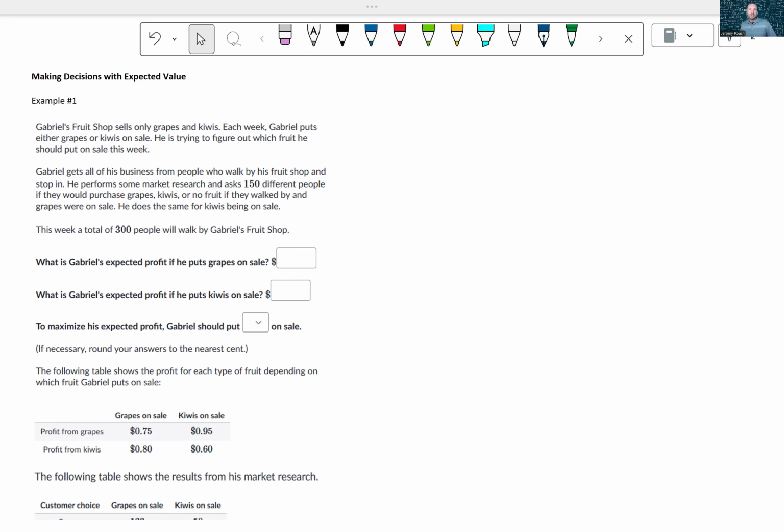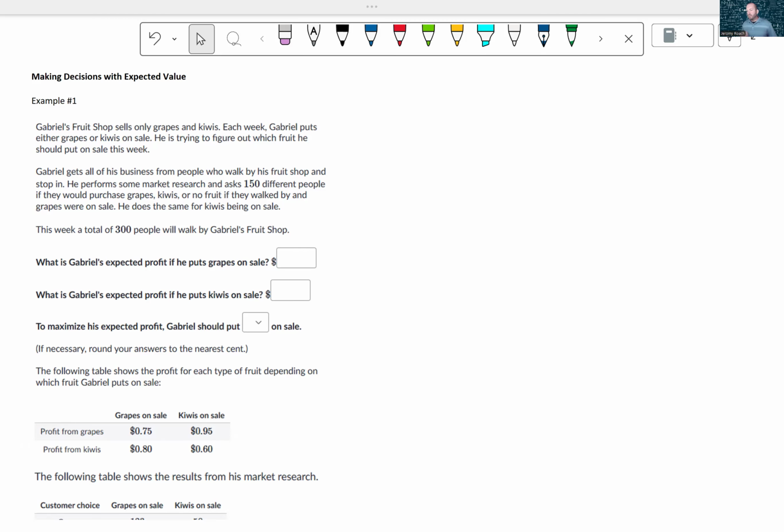He asks 150 different people if they would purchase grapes, kiwis, or nothing at all if they walked by and grapes were on sale. And then he does the same thing. He asks them, "Do you want to purchase grapes, kiwis, or no fruit if kiwis were on sale?" So he does that for 150 people for each group. So group one, grapes are on sale. Group two, kiwis are on sale. So he's surveying a total of 300 people that are walking by his shop.